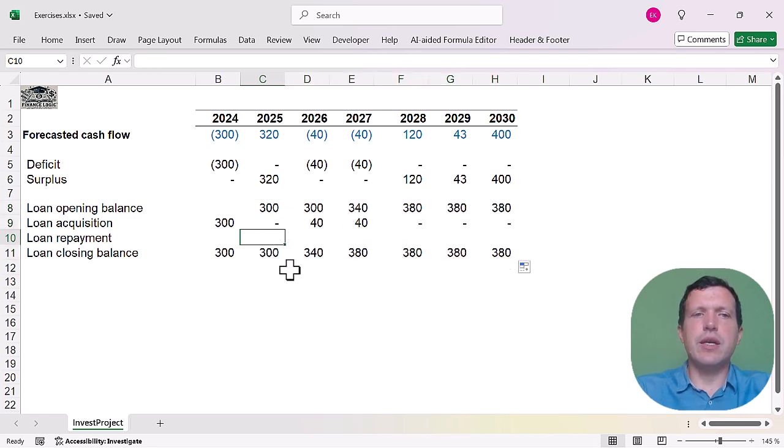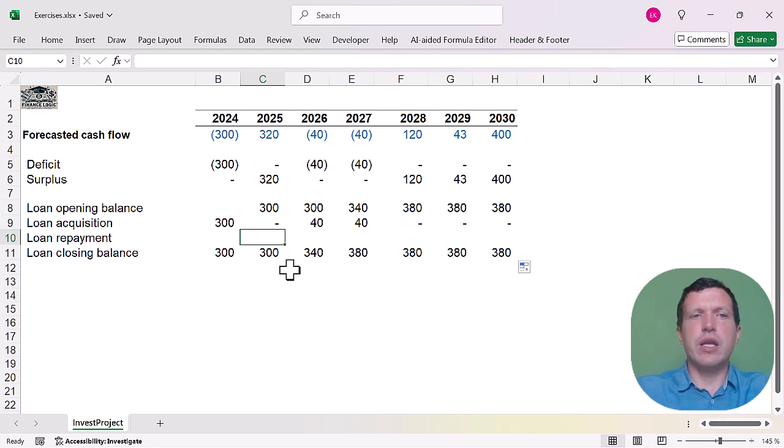Now we need to design formula in loan repayment. And it is easier to do so in a period where we have money for repayment. By the way, pay attention that here we deal only with principal portion of the loan. We do not take interest into account for our exercise.